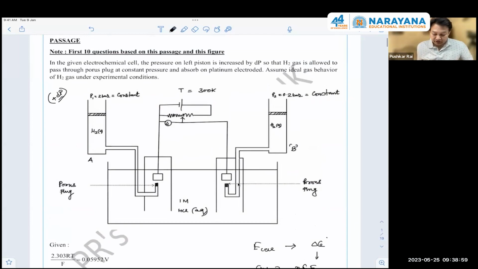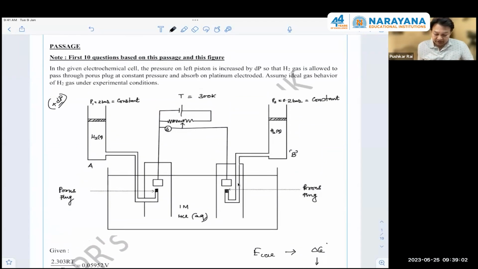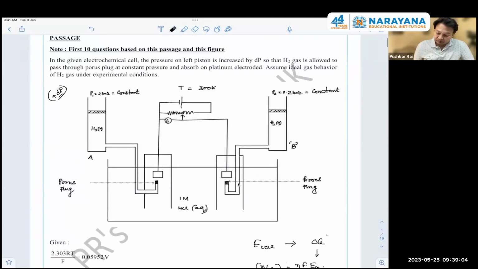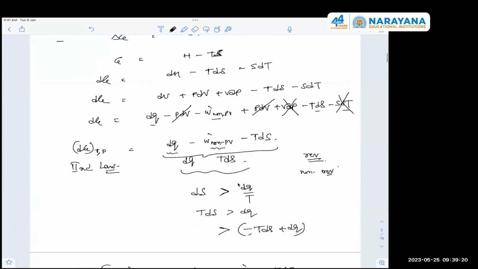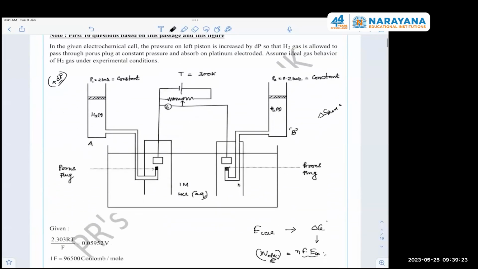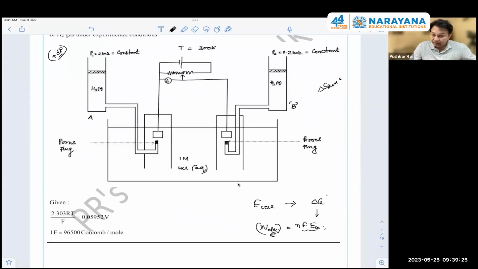So if we are carrying out this process reversibly, then what about delta surrounding? We have enthalpy, so why is there no heat? There is enthalpy, but there is no heat. Yes, there is no heat, because whatever heat was there in that enthalpy has disappeared into electrical work.